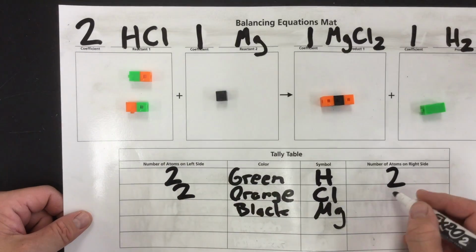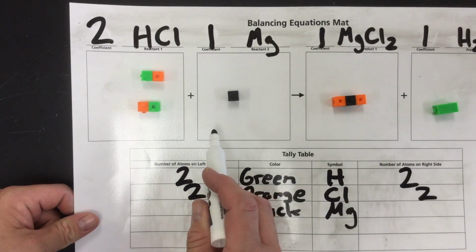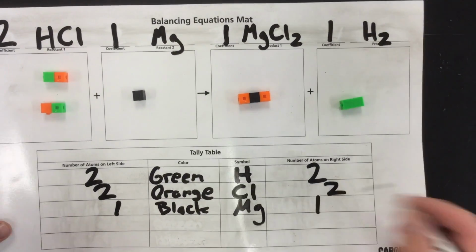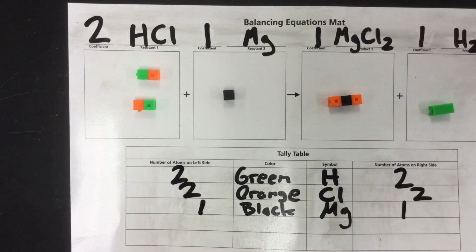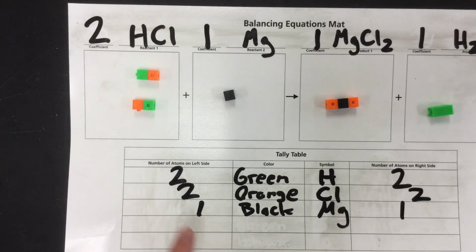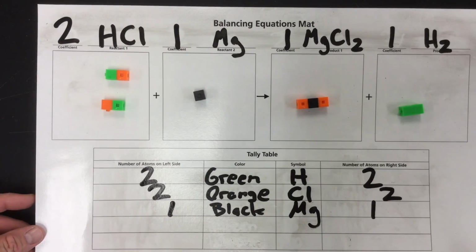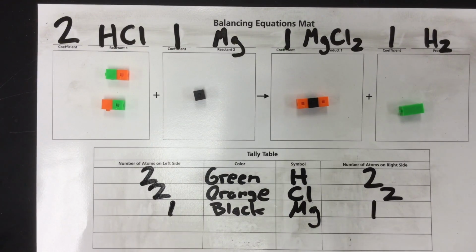Orange is balanced. And black, 1 on this side, 1 on this side. So on this tally table of sorts, when the number of atoms of each element are the same in the reactants and the products, your equation is balanced and it obeys the law of conservation of matter. You're not creating matter, you're not destroying it, you're only rearranging it into new forms.